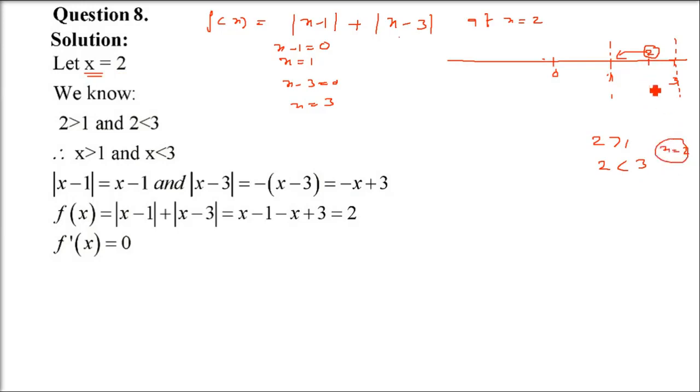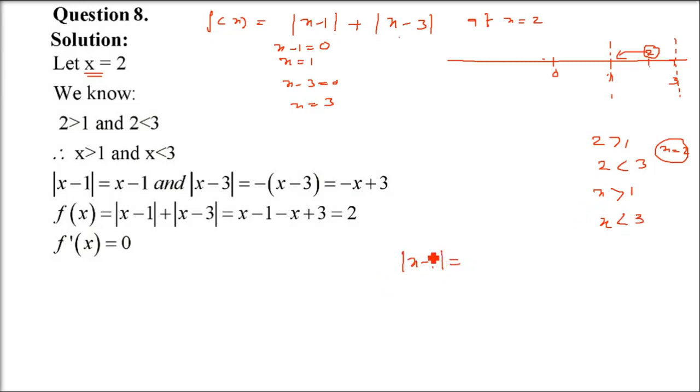So 2 is greater than 1 and 2 is less than 3. What does it mean? It means when we put 2 minus 1, it is going to give you positive, but when you put 2 minus 3, it's going to give you negative. I hope you got the idea.